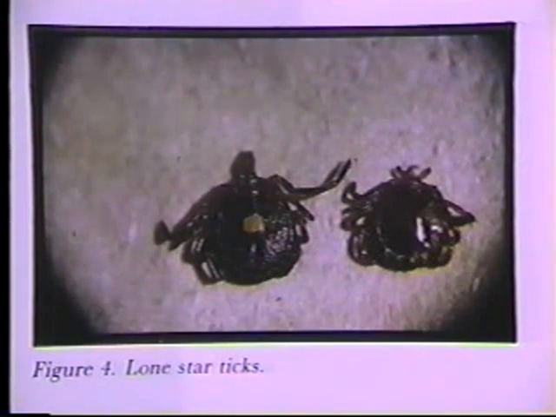Females have a single silvery white spot, as you can see there on the back, and males have scattered white spots. Unfed adults are about 1/3 of an inch long, but after feeding, those females get larger, up to 1/2 an inch, about the size too of those dog ticks. Larvae and nymphs parasitize small wild animals, birds, and rodents, while adults basically feed on larger animals.